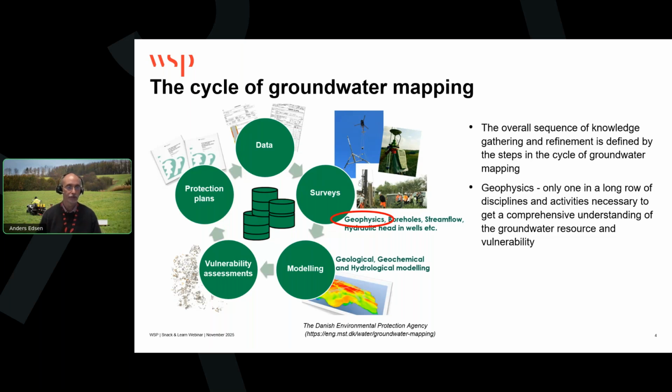At first you start off with gathering all existing data and then move on and refine whatever you find during the cycle. And as stated, the geophysics methods are only one of a long range of disciplines and activities that are necessary to get this comprehensive understanding of the groundwater resources and vulnerability.